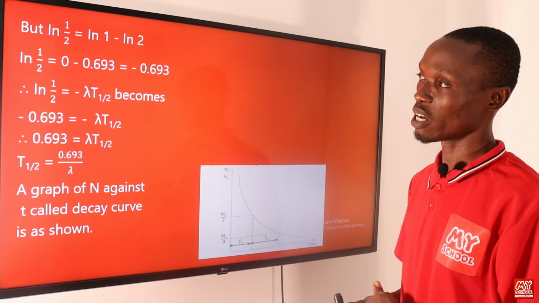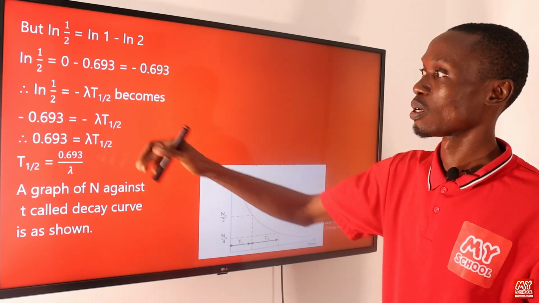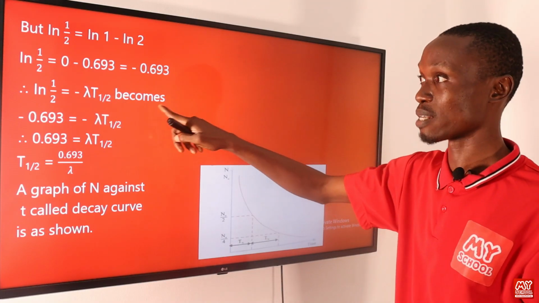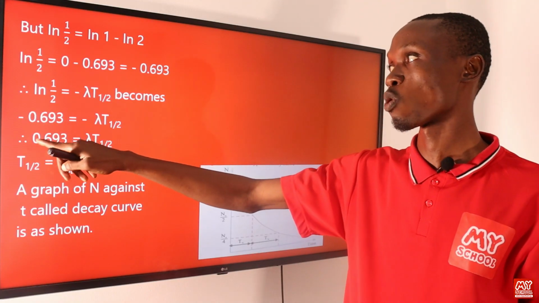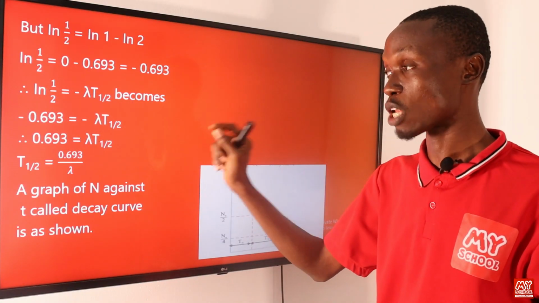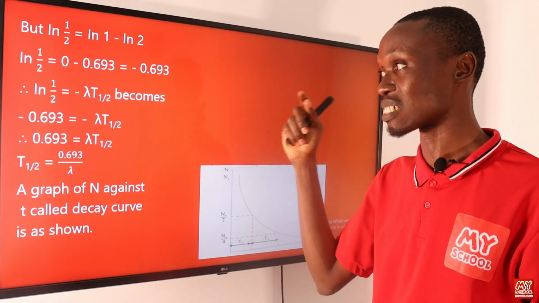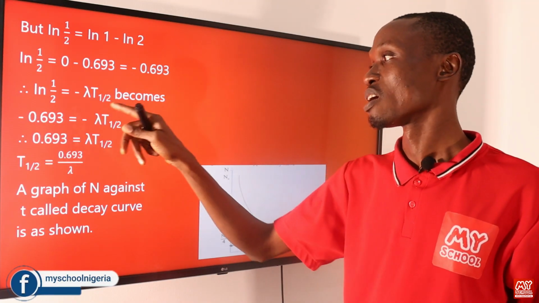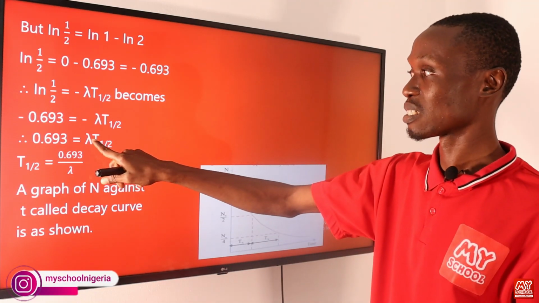Therefore, ln 1 over 2 is equal to minus decay constant times half-life, and since ln 1 over 2 is equal to minus 0.693, we'll have minus 0.693 equal to minus decay constant times half-life. So we cancel out the minus, and 0.693 is equal to decay constant times half-life.